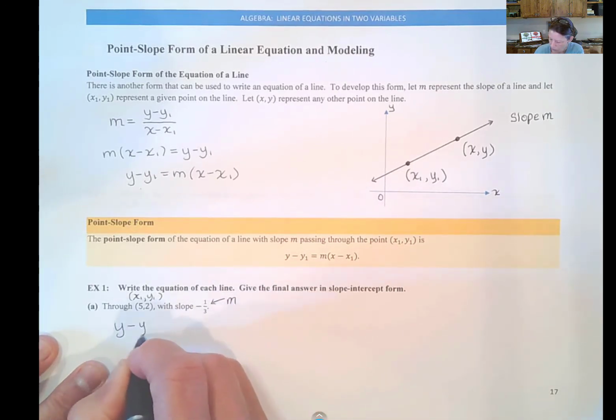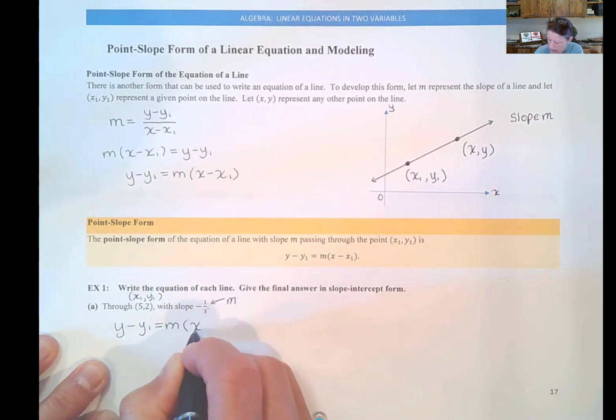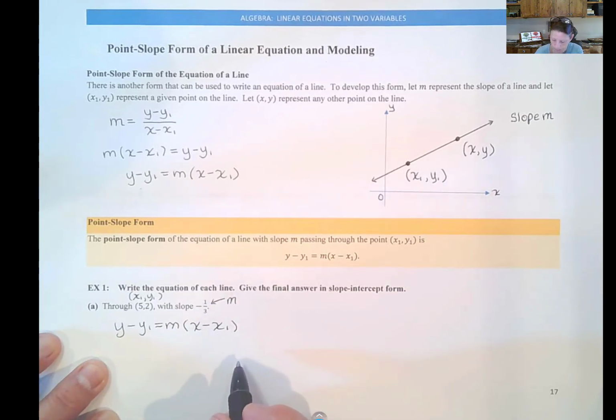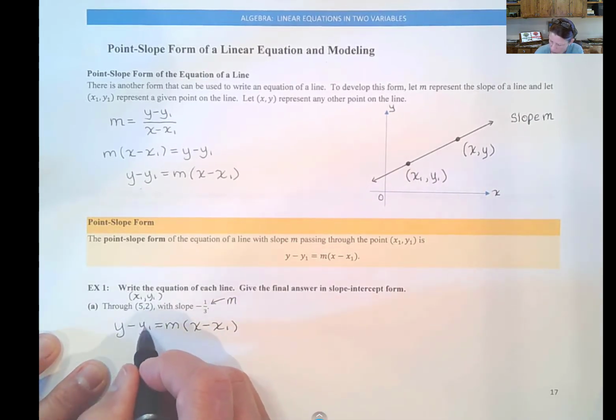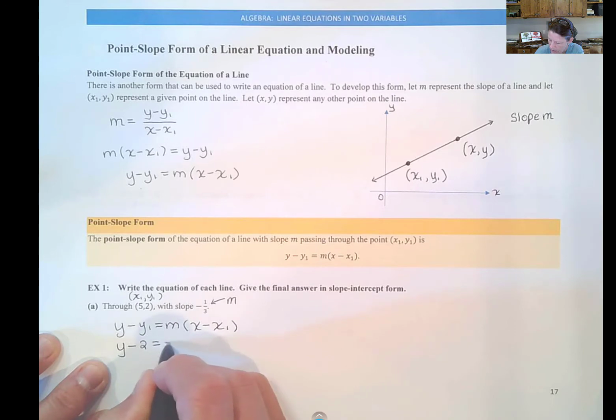Go ahead and write your formula. y minus y sub 1 is slope times x minus x sub 1, and let's substitute values. y sub 1 is 2, so write y minus 2. That's equal to the slope negative 1/3 times x minus x sub 1, which is 5.